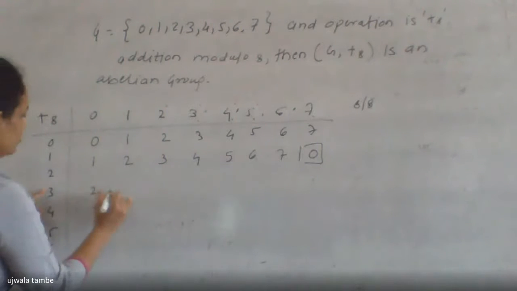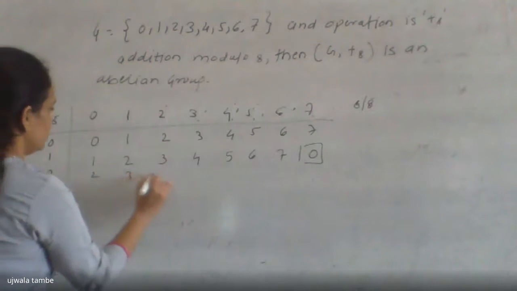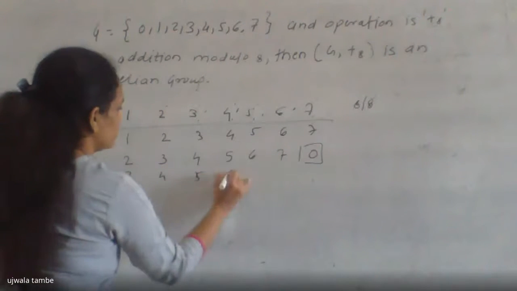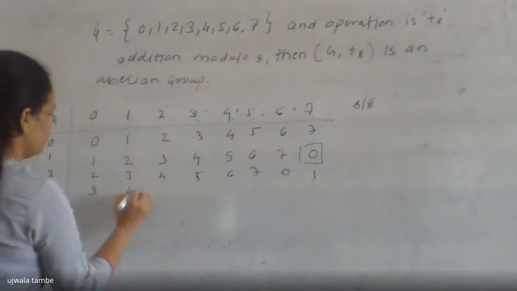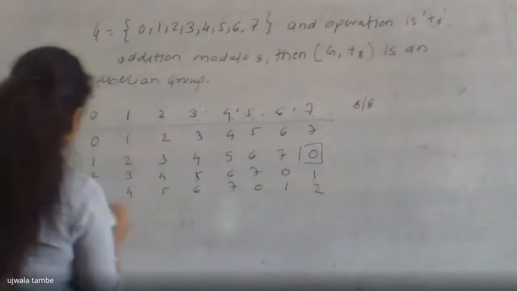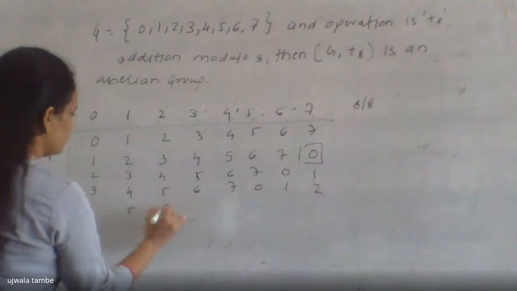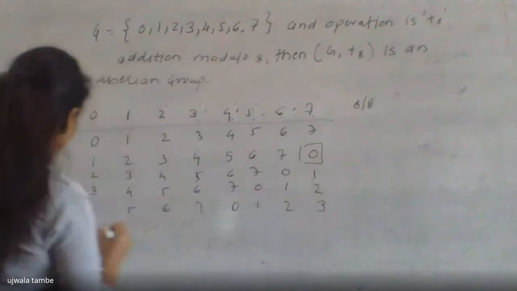So it becomes 2, 2, 3, 4, 5, 6, 7, 0, 1. And 3, 4, 5, 6, 7, 0, 1, 2. And 4, 5, 6, 7, 0, 1, 2, 3.